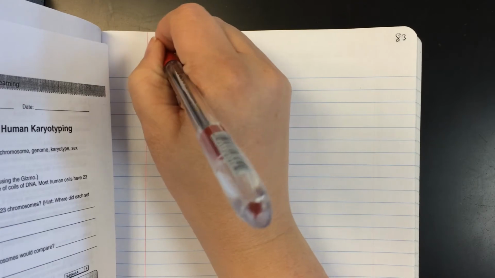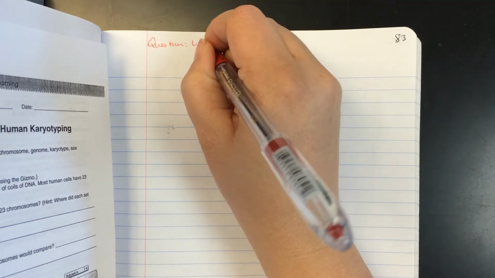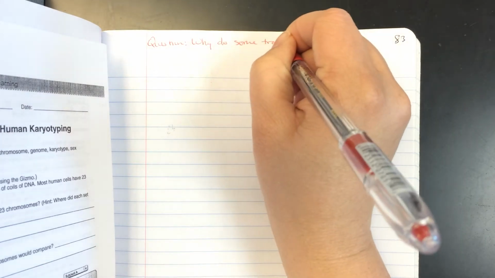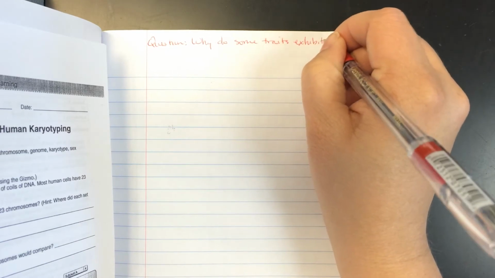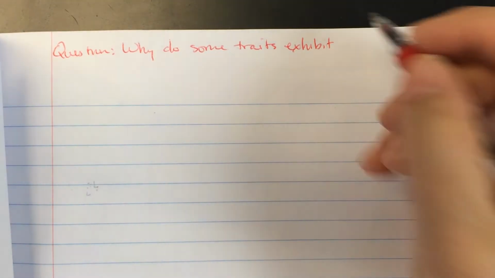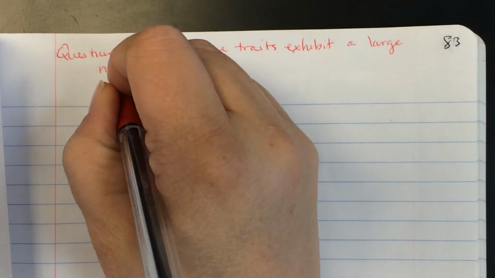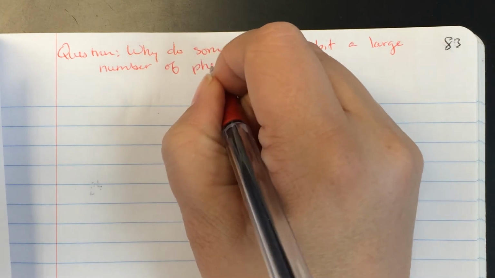So our question that leads us in is, why do some traits exhibit a large number of phenotypes?